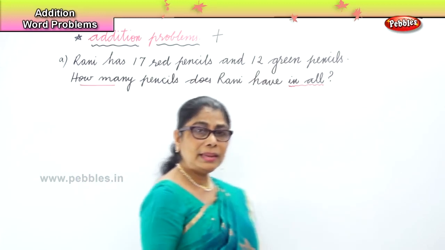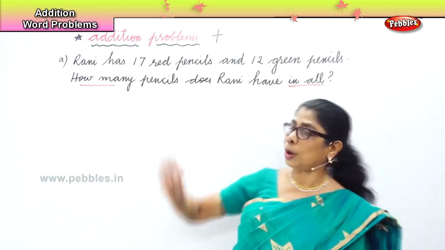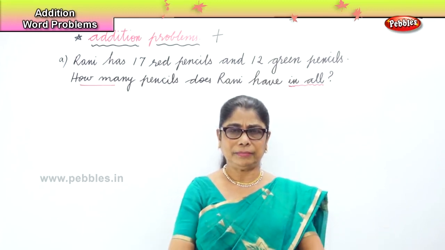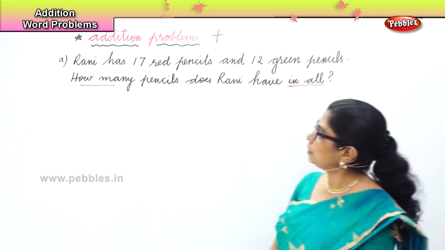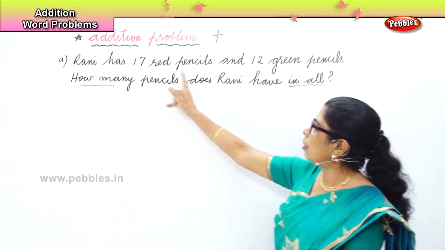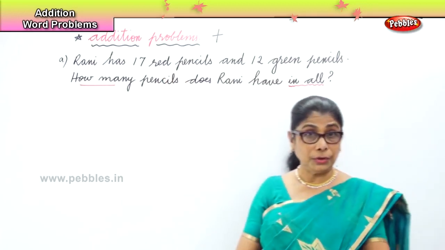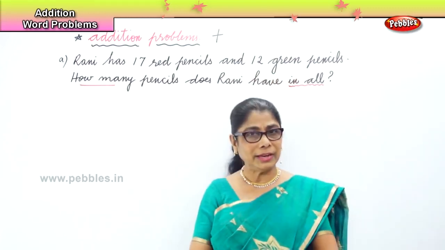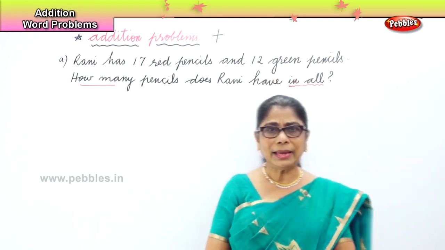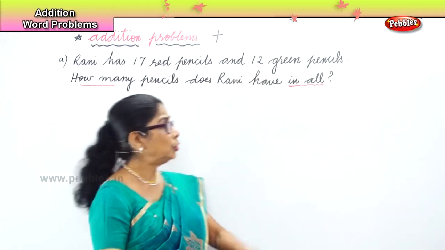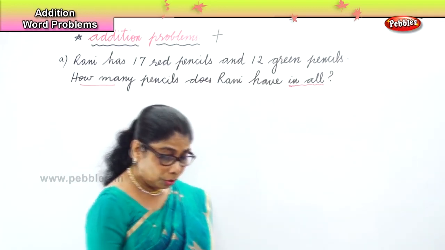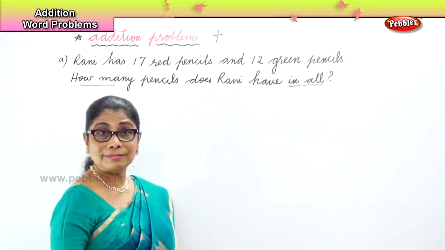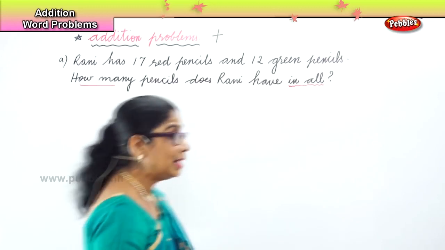Now, in an addition problem, you have to write statements. What is the first one? Number of red pencils, very good. Next, number of green pencils, very good. Finally, therefore, total number of pencils, or you can say number of pencils in all. Now let's write the statements.